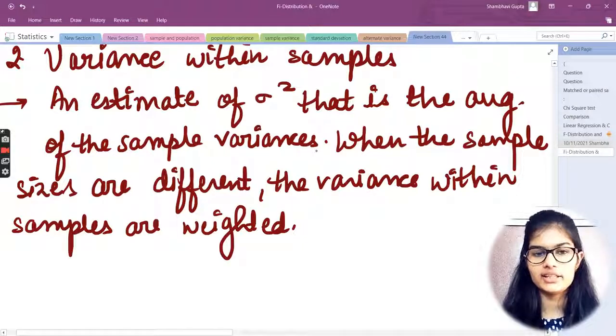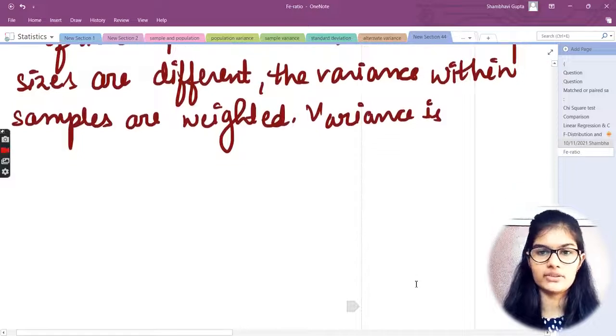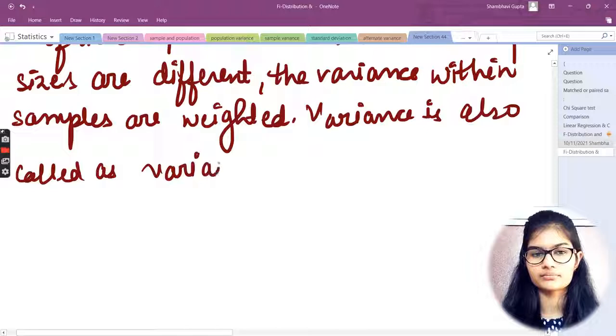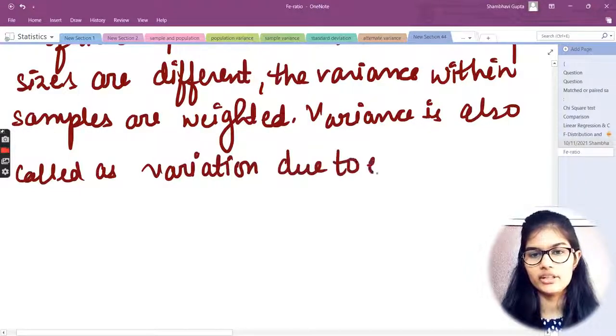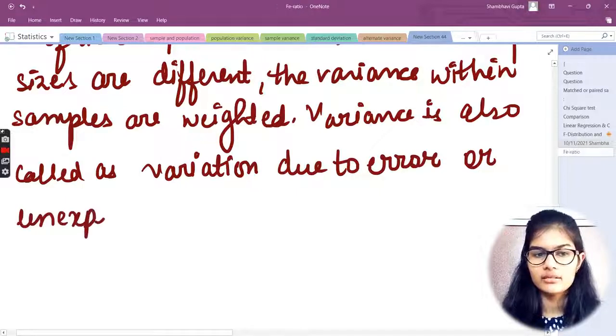Then in that case the variance is also called variation due to error, or unexpected variation.